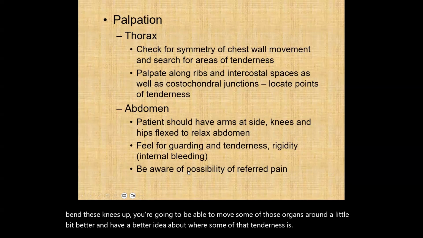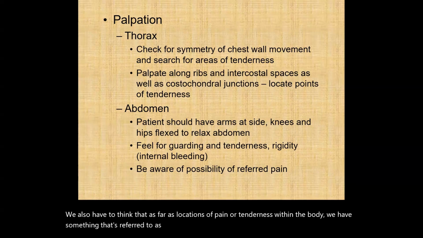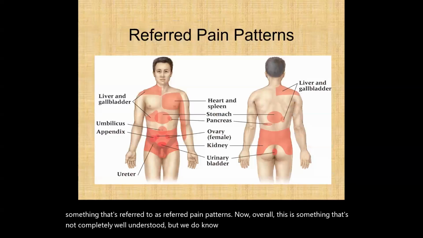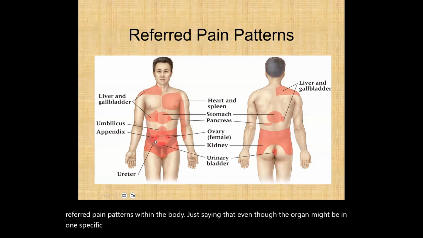We also have to think that as far as locations of pain or tenderness within the body, we have something that's referred to as referred pain patterns. Now, overall, this is something that's not completely well understood, but we do know that it exists. There are several different referred pain patterns within the body, meaning that even though the organ might be in one specific location, it might refer pain to a different site in the body.